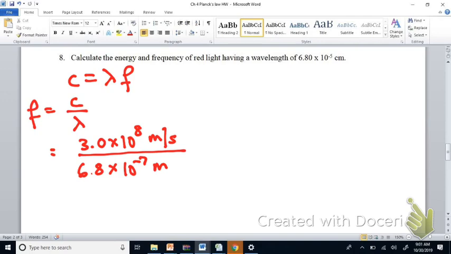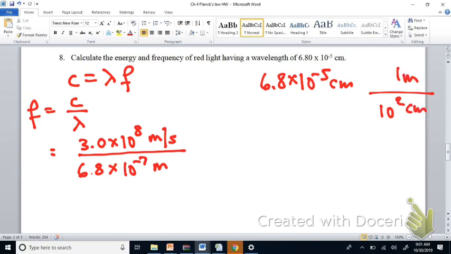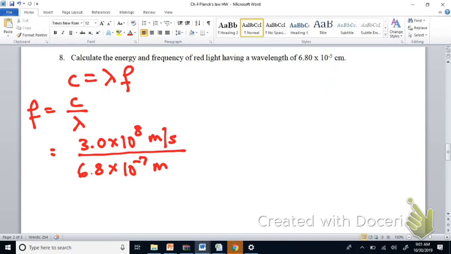So just as a quick example, 6.8 times 10 to the minus 5 centimeters. There are 100 centimeters in 1 meter. When I divide, I'm going to subtract exponents. So minus 5 minus 2 is minus 7. That being said, you really should be at the point where you can do that one in your head. And now I want to simplify this expression to find my frequency.